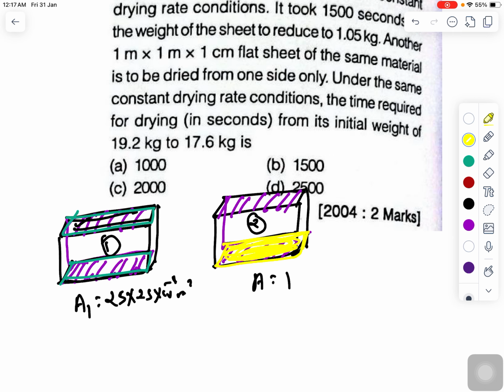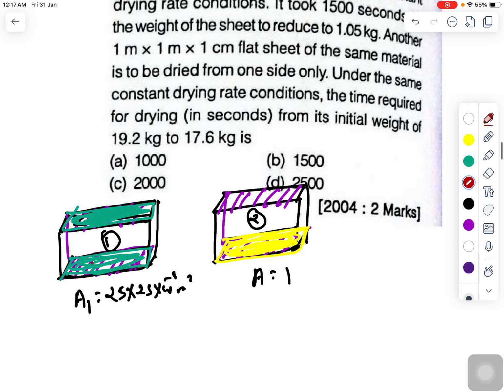Drying is happening only here due to this, and here drying is happening due to this surface and due to this surface. So if I assume the area is A1 and A2, the total area A total will be equal to 2 multiplied with A1, and here A total will be equal to only A, that is equal to 1, and here it will be 2 multiplied with 25 into 25 into 10 to the power minus 4 meter square.